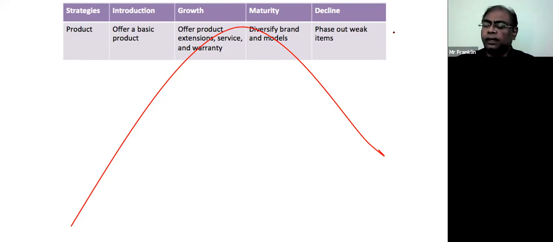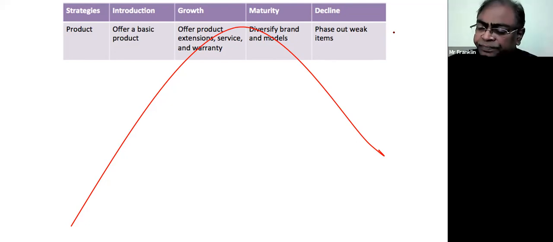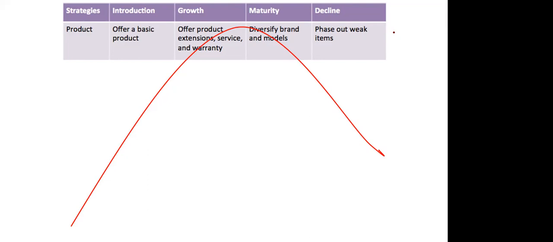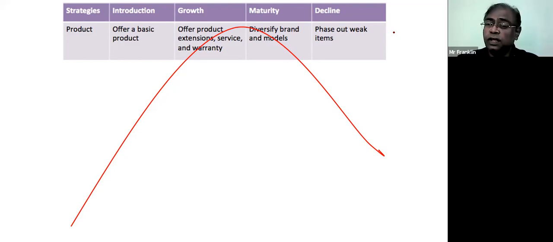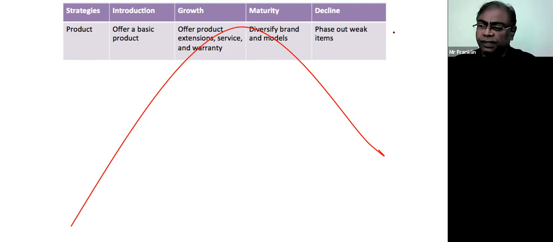Okay. Then what? You go for a haircut, that's a service. You go to the salon, that's a service, right? Hotel is also a service. A doctor's visit is also a service. So a product is something you can touch. A service you cannot touch, so it's not tangible, right?